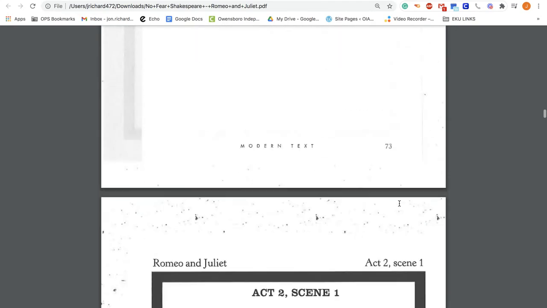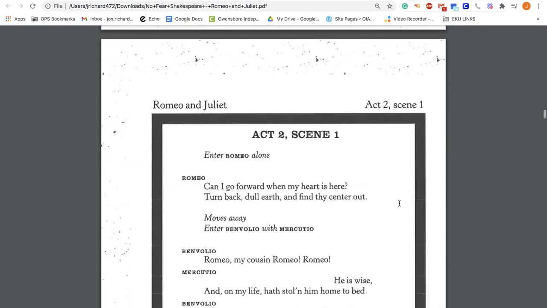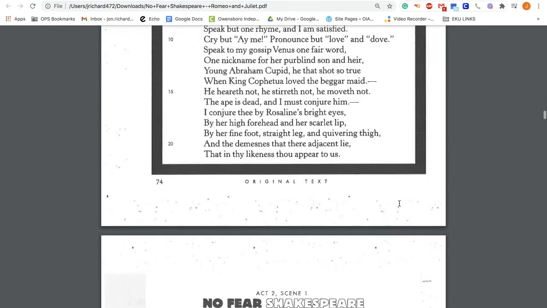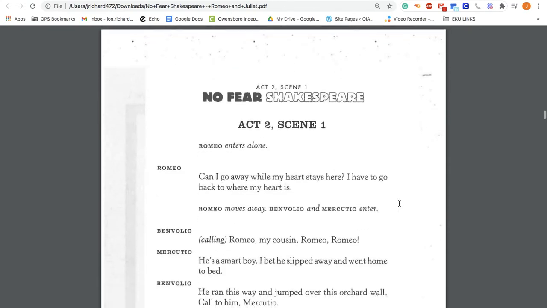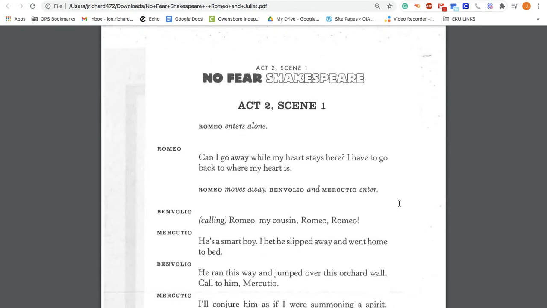All right, so this next scene is Act 2, Scene 1. Miss Stockdale, you're going to be Benvolio, and I will be Mercutio, okay? Now, we've had this intense, kind of angry scene with Tybalt, and then we had this intense love scene with Romeo and Juliet.